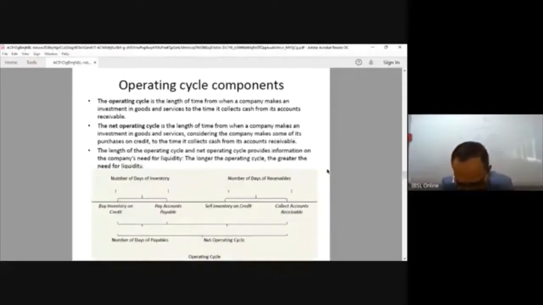Then you should understand a business operating cycle. One way is that a business can buy for cash and do cash sales. That's very simple, right?